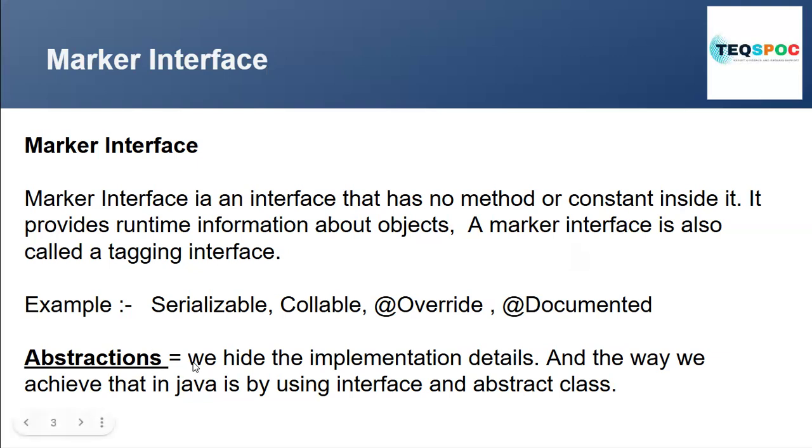And what is abstraction? This is one pillar of the OOPS concept. In abstraction, we hide the implementation detail, and the way we achieve it in Java is by using the interface and abstract class. In today's session we will see what the interface and abstract class are, how we will create an interface, and how we will create an abstract class. With the help of interface and abstract class, we achieve abstraction. We hide the implementation detail.